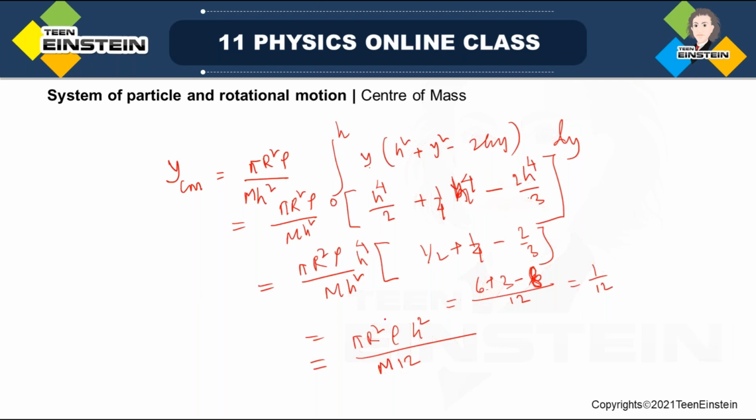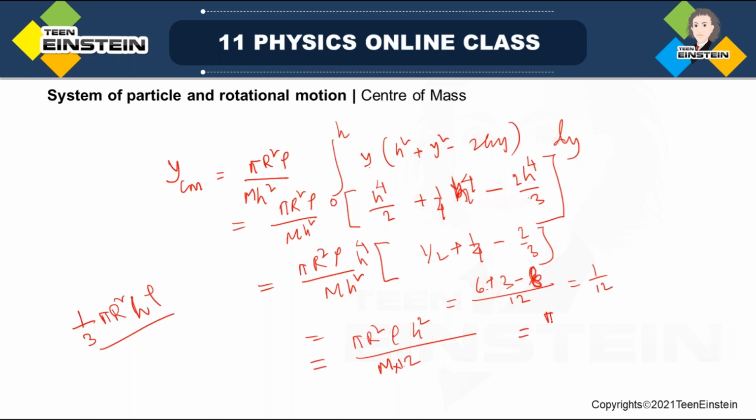Now look, for a cone, the mass will be 1/3 pi r square h rho. This is the volume, pi r square h, into rho, which is the mass. So if we substitute with 1/3, this will actually be into 12, so the 1/3 will go.